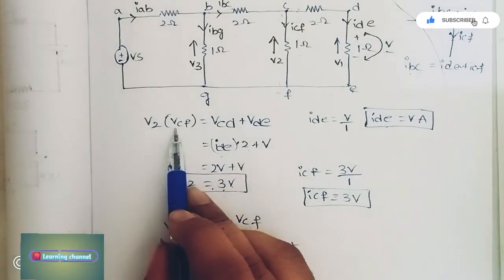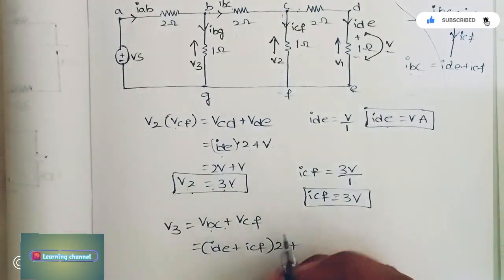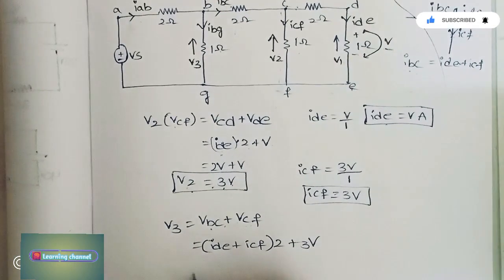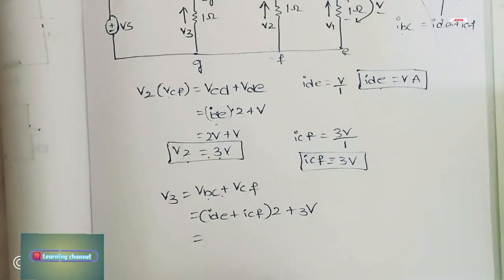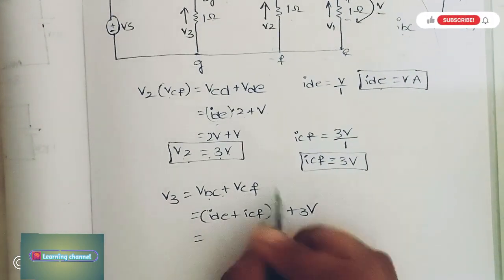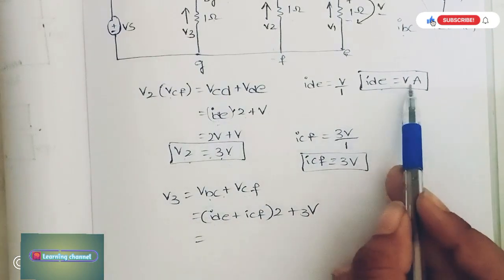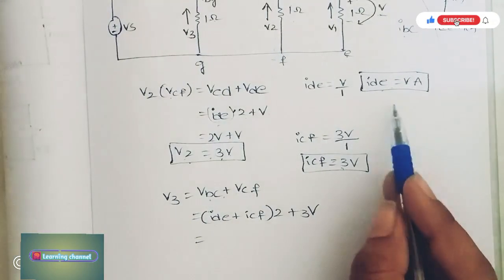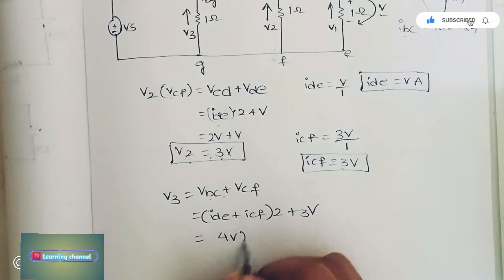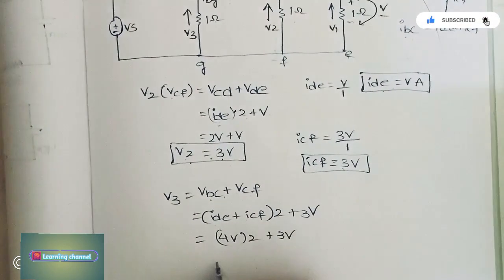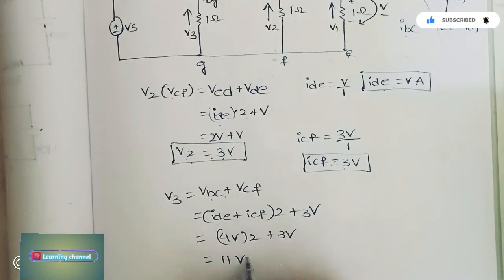What is the VCF we previously got? That is 3V. We know IDE is V, and ICF is 3V, so V plus 3V is 4V, into 2, plus 3V, that is equal to 11V.